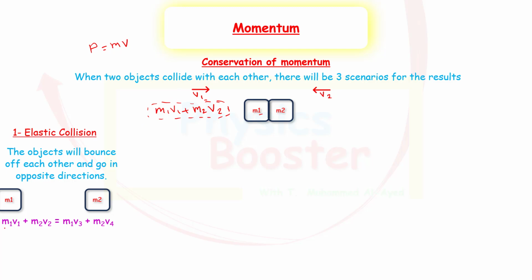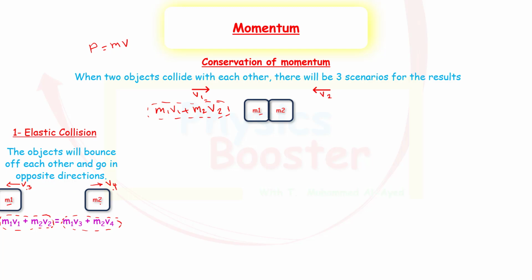Let's go back to our equation right here. This is the amount of the momentum before the collision. It's going to be equal to the amount of momentum after the collision. So they collided with each other and they moved back, everyone with a different speed. This had a speed equal to v3 and this had a speed equal to v4. Now, what is the momentum after the collision? You're going to tell me it's m1 v3 plus m2 v4.